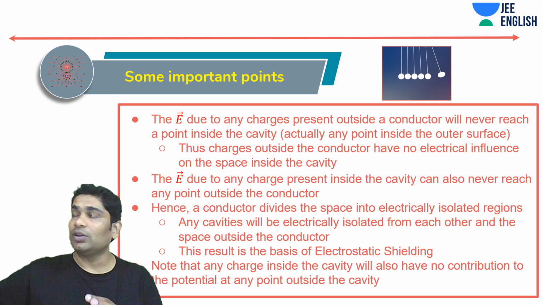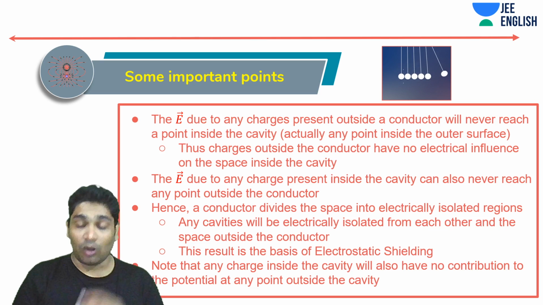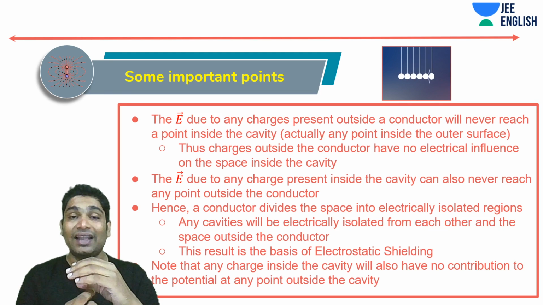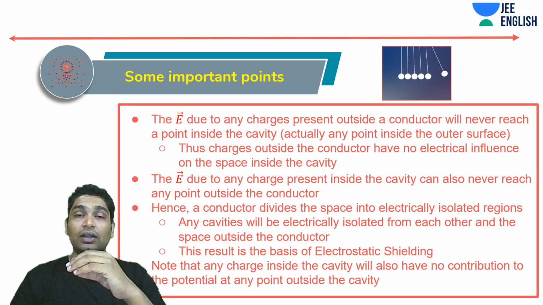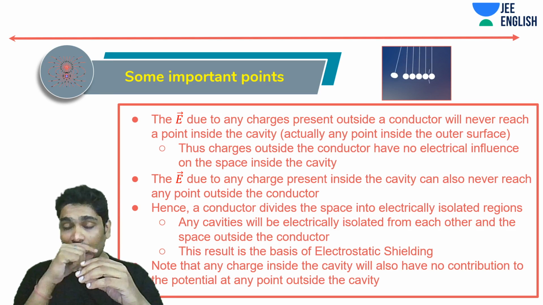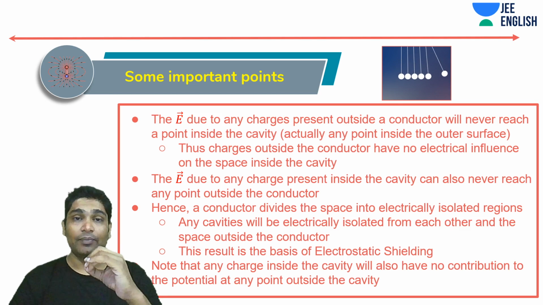So when you talk about the potential at any point outside, it will not have any effect due to this charge. All the potential would be because of the charges appearing on the outer surface only. Why? Because the effect on potential also gets cancelled by the charges induced in the inside cavity.